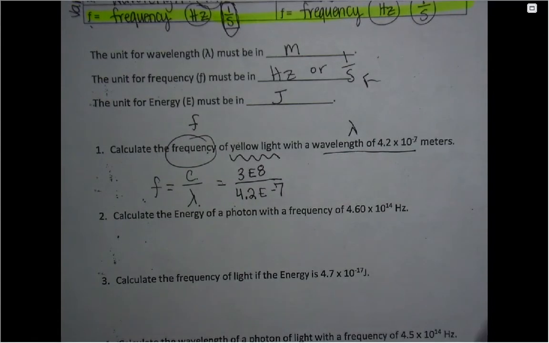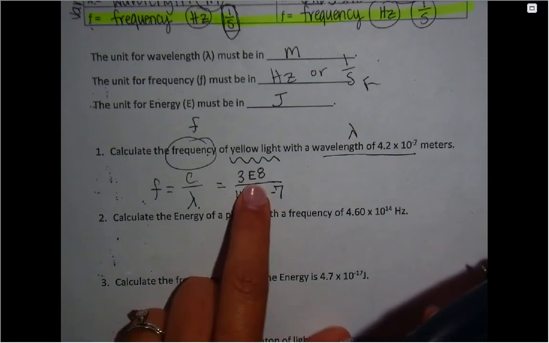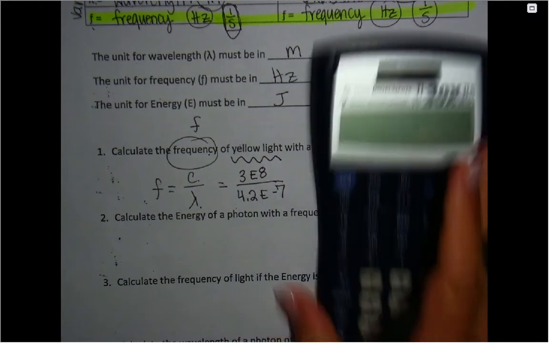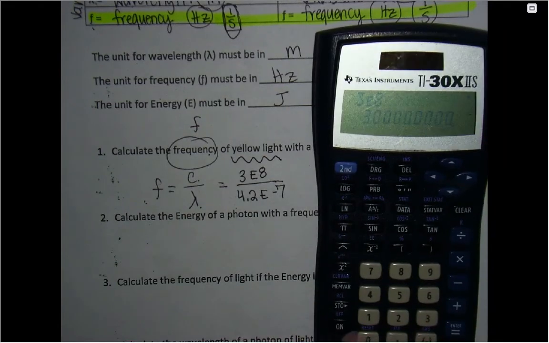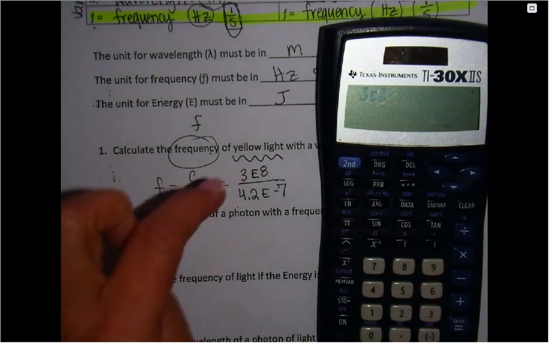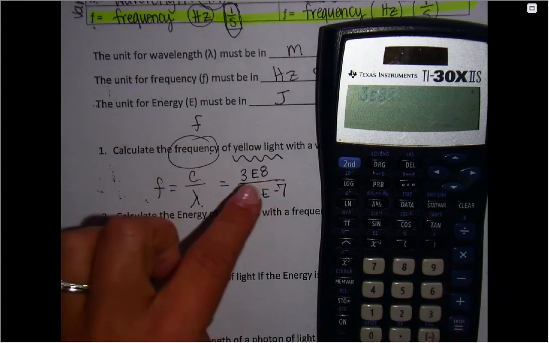So when we go to type this in, this is the part where I say you don't have to worry about parentheses because we're using that e. If you're trying to type in times 10 to the, sometimes it confuses the calculator, so you don't necessarily want to do that. All right, so I'm going to type this in. I'm going to say 3, the second, e, and we got 8.